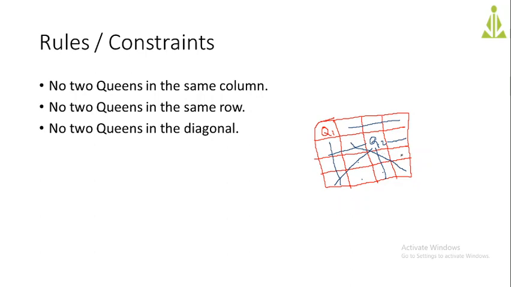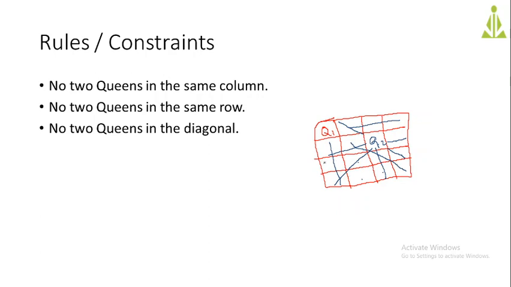So only 1 2 is left. I cannot place here also, this is a diagonal and this is a diagonal. So only this is left. So I don't have any possibilities in row 3. Like this we need to find all the possible solutions.